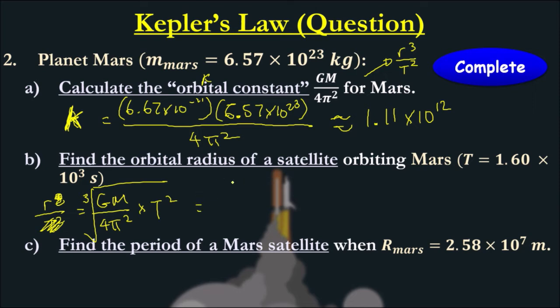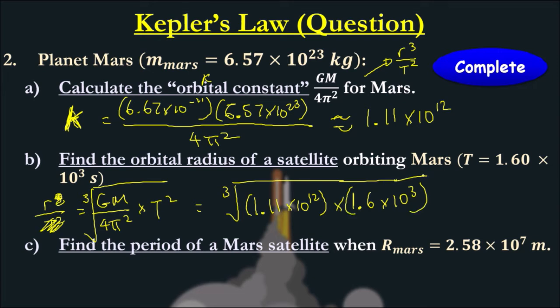So if we were to rewrite this equation, it'd be 1.11 times 10 to the power of 12 times the orbital period, which is 1.6 times 10 to the power of 3, squared. That gives us an approximate radius of 121,000 meters. And then we have question C, find the period of Mars satellite when its orbital radius is this particular value here.